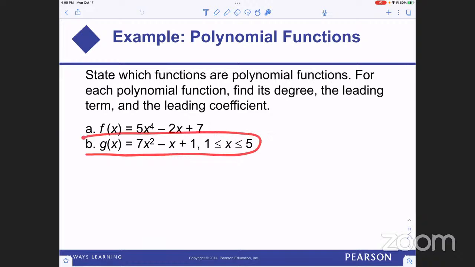It is. Okay. So one property that we said about polynomials, can you remember, what did we say about the domain of a polynomial? I think a moment ago we said the domain of a polynomial is all reals. What's the domain here?